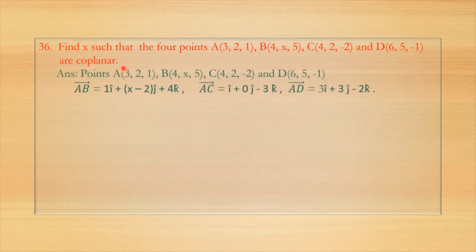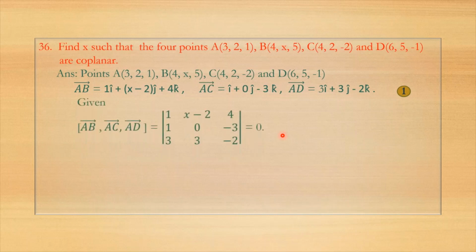That means first I need to find the coterminous edges, meaning AB, AC, AD. It is not necessary that you find only AB, AC, AD. You can find BA, BC, BD also. It's left to you. You can do any alternative method also. Now let me find vector AB, vector AC, and vector AD, which carries one mark.